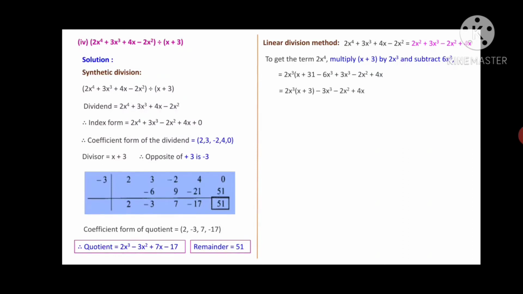So friends, here you will get 2x cube into bracket x plus 3 minus 3x cube minus 2x square plus 4x. Therefore to get the term minus 3x cube, multiply x plus 3 by minus 3x square and add 9x square. So 2x cube into bracket x plus 3 minus 3x square into bracket x plus 3 plus 9x square.